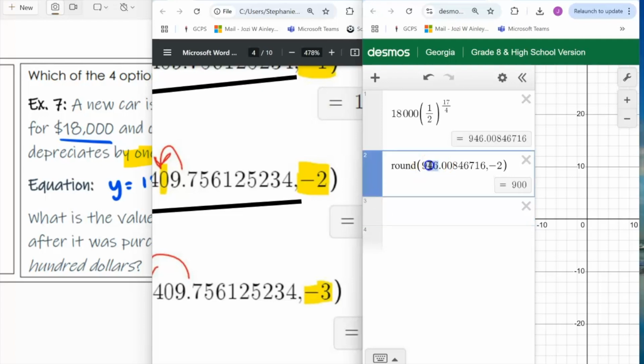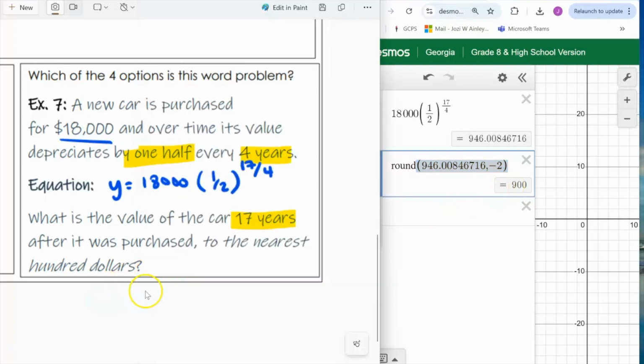So 946 is close to which $100? It's between 900 and 1,000, and 946 is closer to 900. That's why it rounded to 900. So be careful with $100 versus $100th dollar. So that's going to be $900.